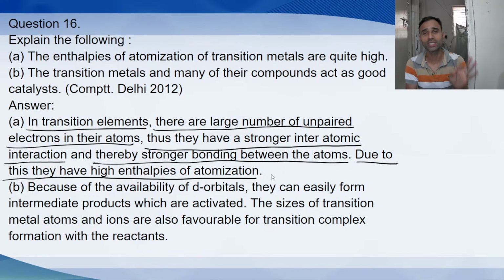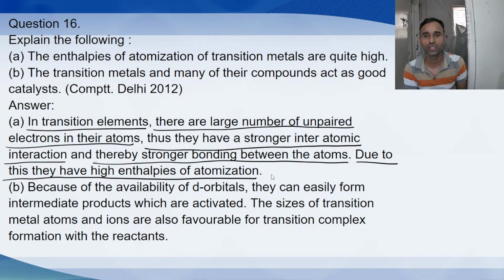In one sentence, you can write simply: due to the presence of a large number of unpaired electrons, they have strong metallic bonding. Because of that, they have high enthalpies of atomization, high melting point, and high boiling point.